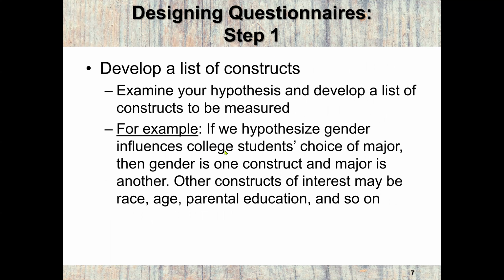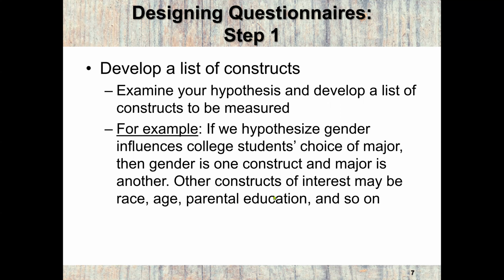An example will be if we hypothesize that gender influences college students' choice of major. If gender, again, influences the college student's choice of major, then gender is one construct. And a major also is another construct. Other constructs of interest may be race, age, parental education, and so on.